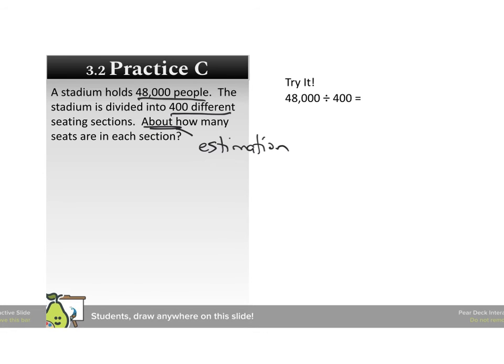Now, these numbers are easy enough that we will get an exact number. But if I write 48,000 divided by 400, I want to get rid of some zeros. Divide them both by 100.